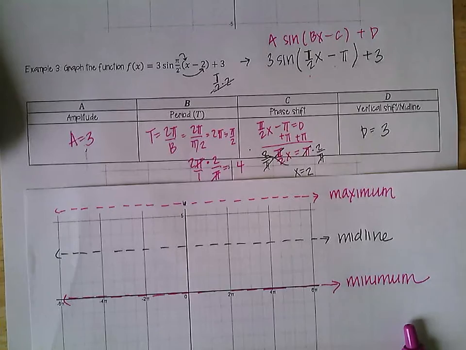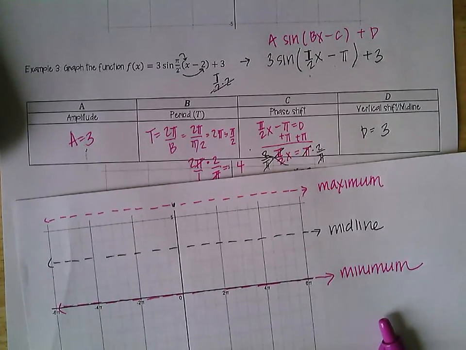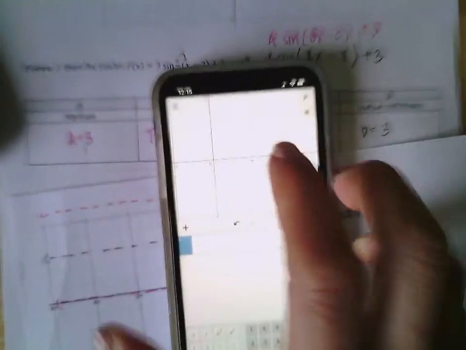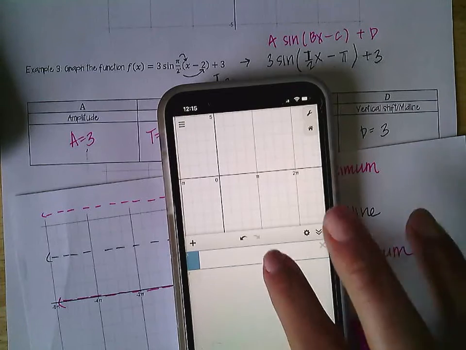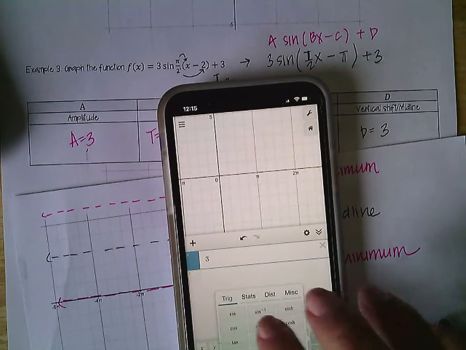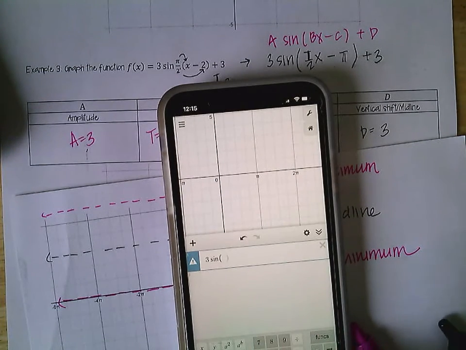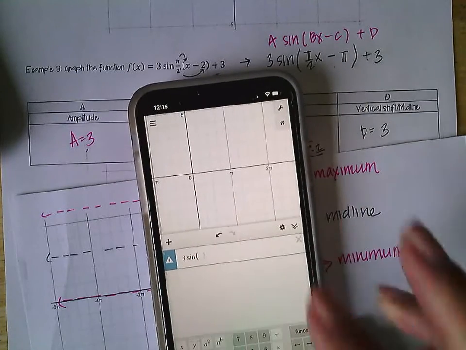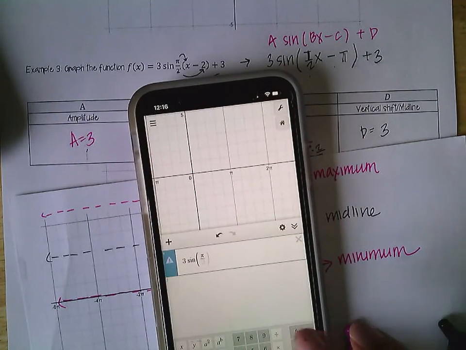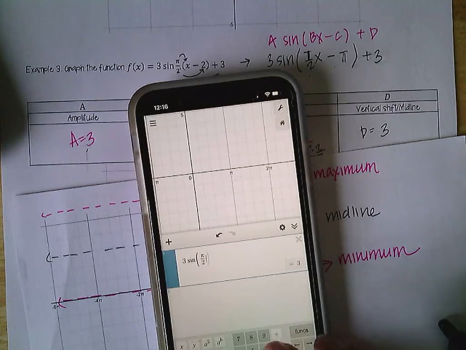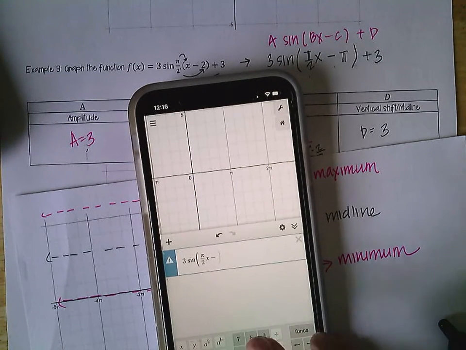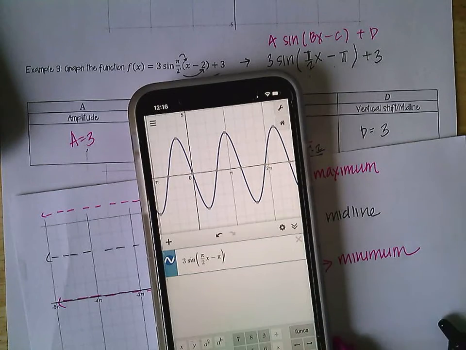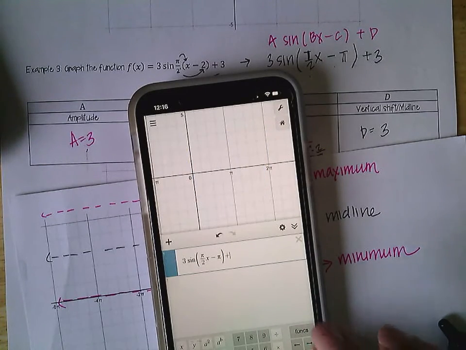Okay, so let me also show you on Desmos how to graph, because I didn't show you Desmos earlier. So I have Desmos pulled up already. I'm going to have 3 sine, I'm going to type in this one, pi over 2 x minus pi, equals that guy, plus 3.